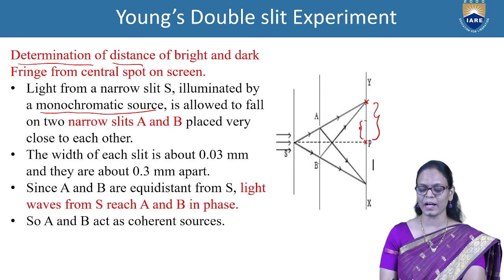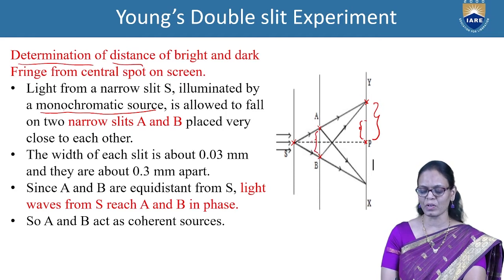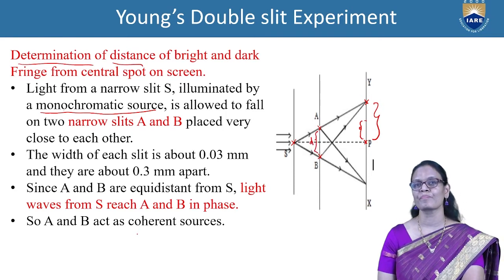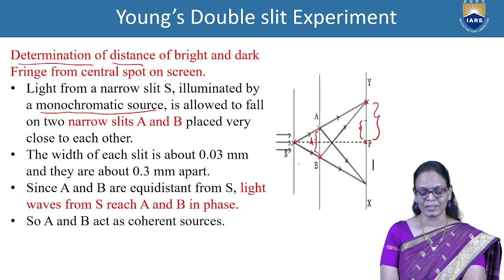So A and B are the two slits. This is a monochromatic source. Light from here is passing through two narrow slits A and B. These two are placed very close to each other, small d. The width of each slit is 0.03 millimeter.